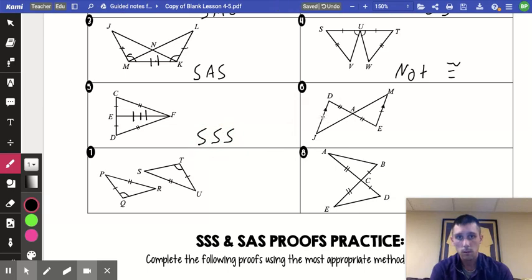Number 6, again, we have parallel lines. So what does that mean? That means these angles right here on that transversal are congruent by alternate interiors. So side, angle, side. What about number 7? Side, angle, side, but is that angle in between where the two lines meet?